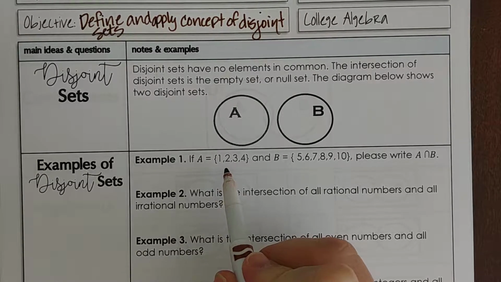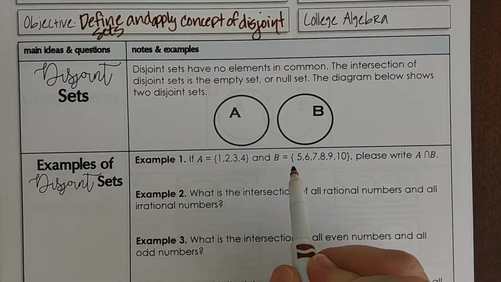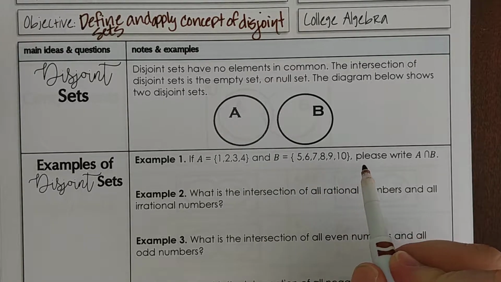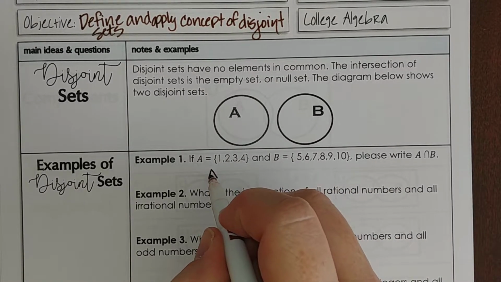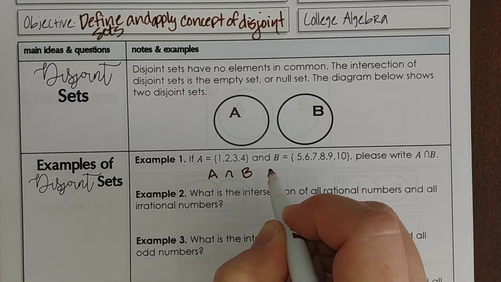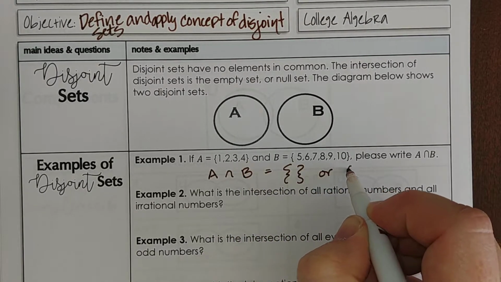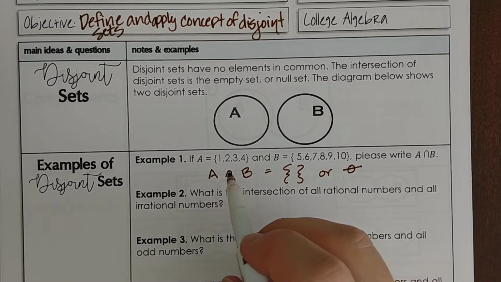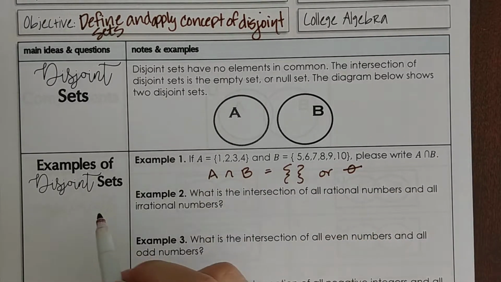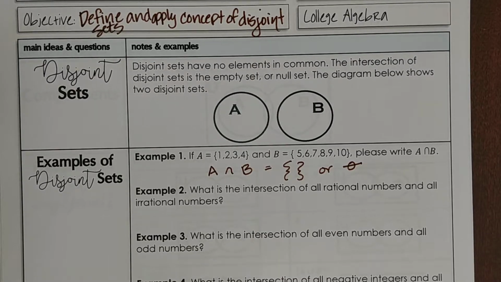If we define A as 1, 2, 3, 4 and B as 5, 6, 7, 8, 9, 10, then A intersect B would be the null set. So we can say then A and B are disjoint sets.